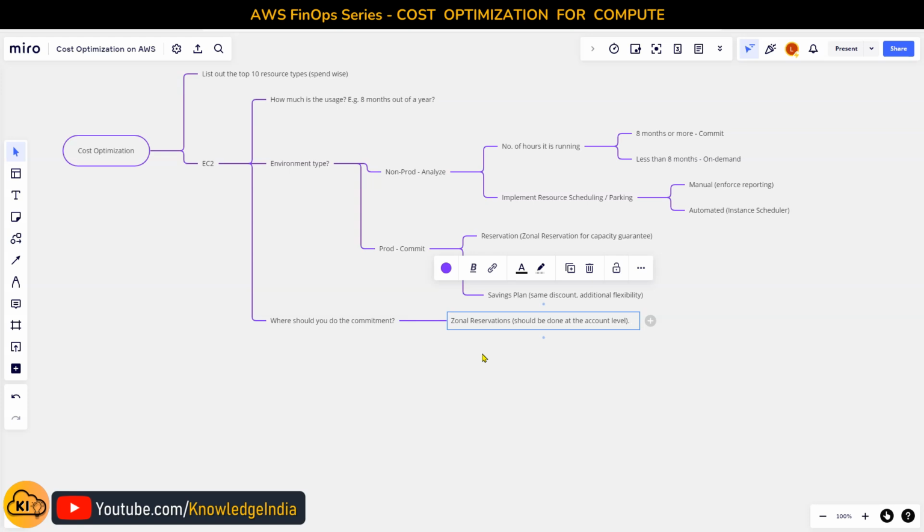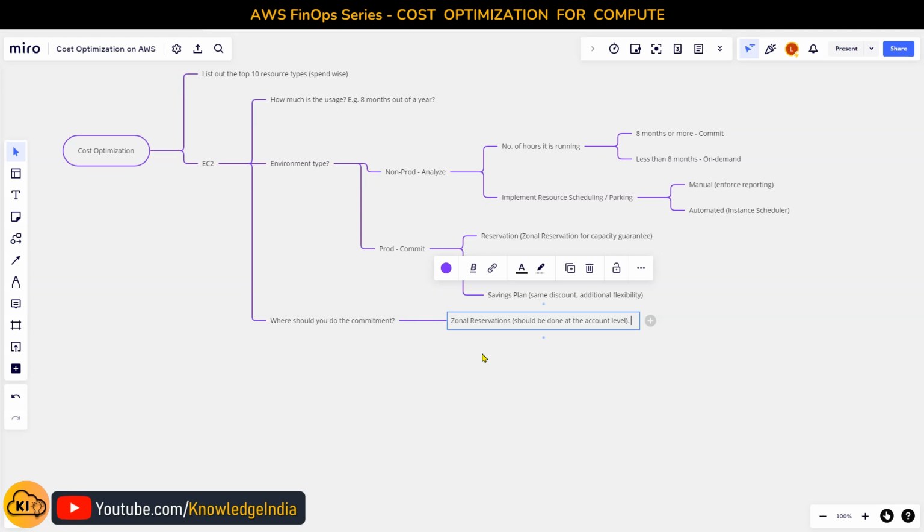Think about an organization which has, let's say, 50 AWS accounts, and in account number 3 there is a very important application running, and they want to make sure that for that application they always have 4 EC2 instances of M5 4x large type available. So in that particular AWS account, in the defined availability zones, let's say availability zone A and B, you need the capacity to be available.